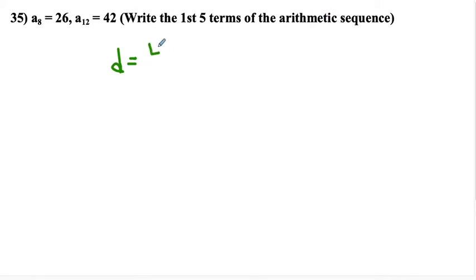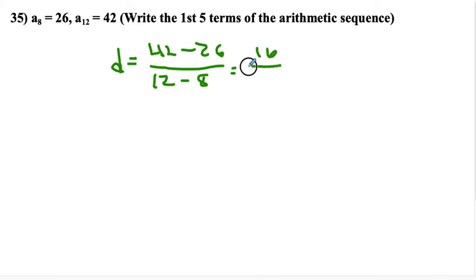So I'm going to find the slope: 42 minus 26, over, make sure you match things, 42 and 12 go together, so 12 minus 8. So 42 minus 26 is 16. 12 minus 8 is 4, which means that the common difference is 4.